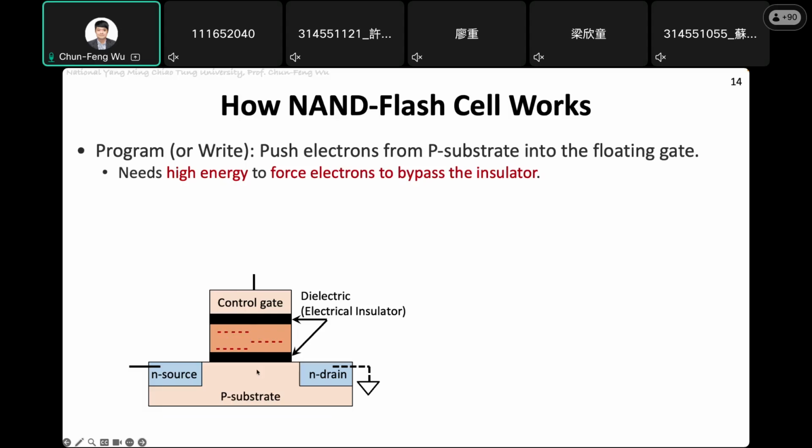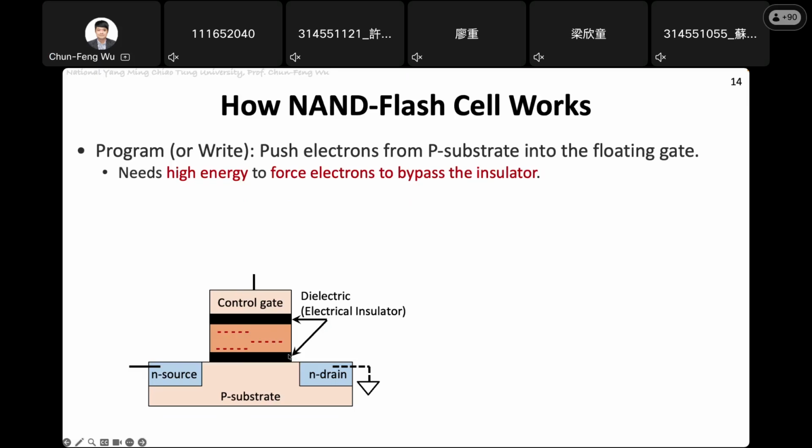So if there is no power applied on these NAND flash cells, the electrons are captured in this floating gate. They cannot escape, they cannot flee. This is the reason why, even if you don't apply any power source to this SSD device, the data will still be there, because these electrons cannot get out if there is not enough energy.